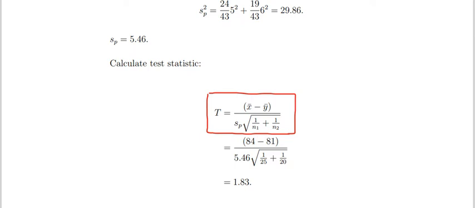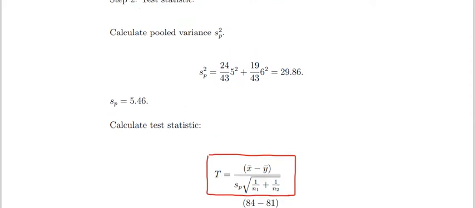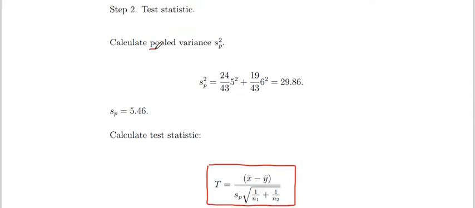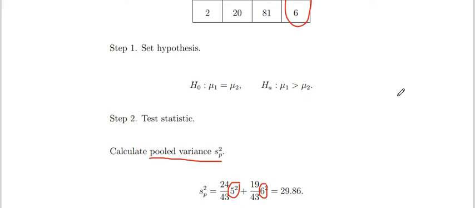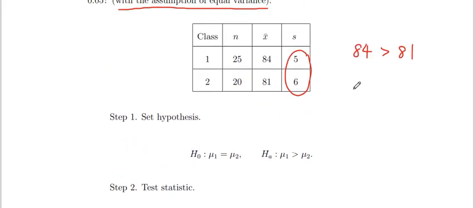So we find Sp squared, calculating the pooled variance. This equals the weighted average of these two variances. Here the standard deviations are 5 and 6, so the variances are 5 squared and 6 squared, right? For this pooled variance, we don't need to use the formula. We just use our understanding.